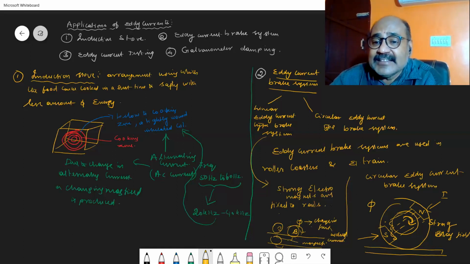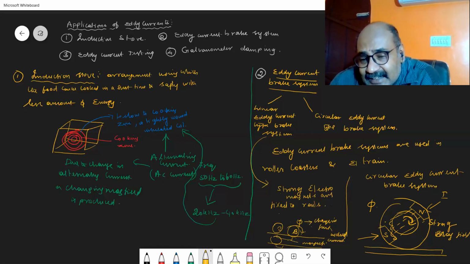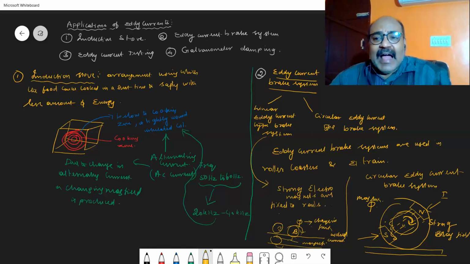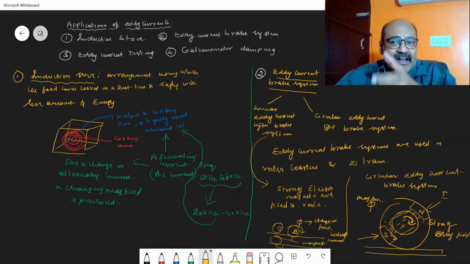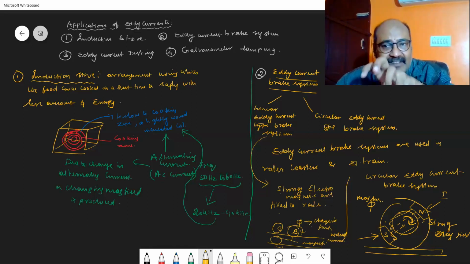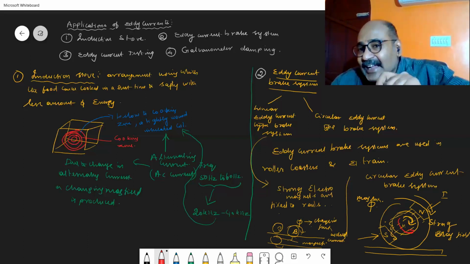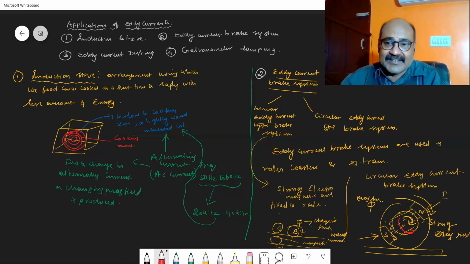Inside this, when the drum rotates, if the drum is rotating in this direction, clockwise, immediately there will be a change in flux. Inside this strong magnetic field, the drum will have a magnetic flux initially, because the drum has an area. Magnetic field into area is equal to the flux linked with the drum. Now, when the wheel rotates, the flux changes. When the flux changes, an EMF or a current is induced in the opposite direction to the direction in which the flux changes.